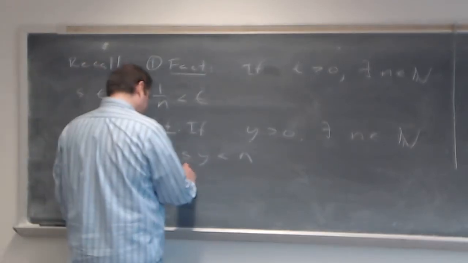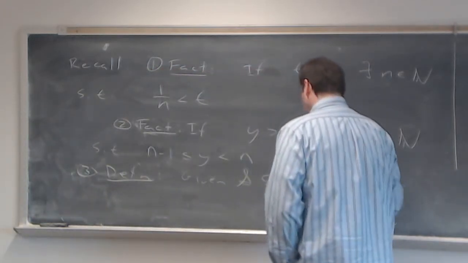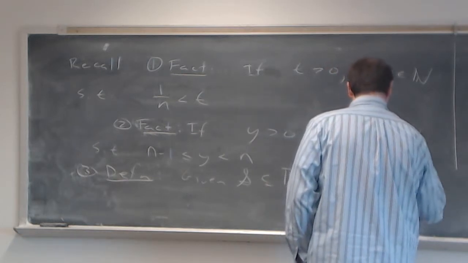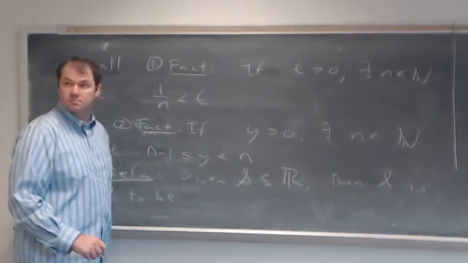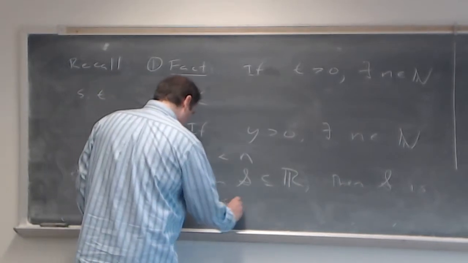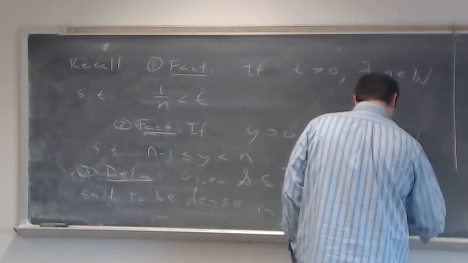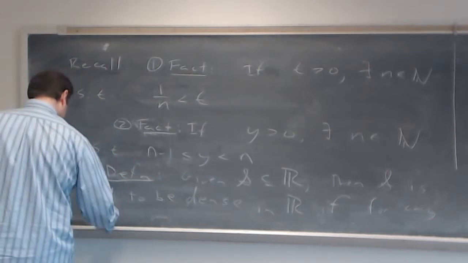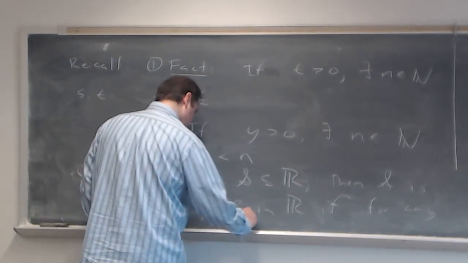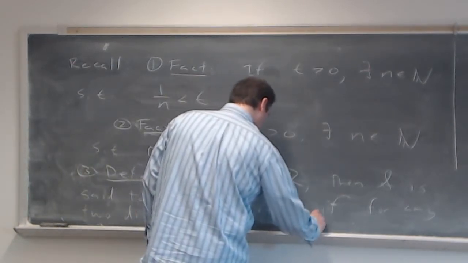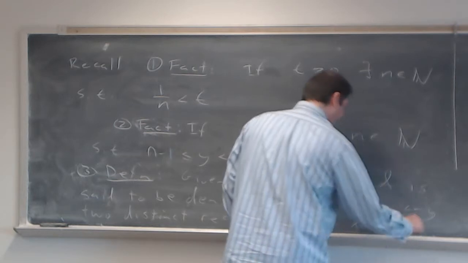So recall, given a set S a subset of R, then S is said to be dense in R if for any 2 distinct real numbers, say x and y.